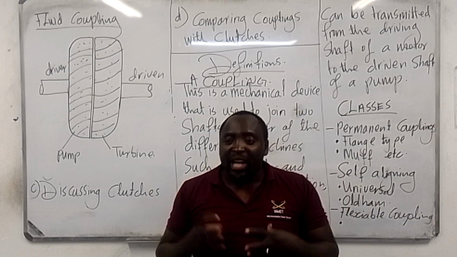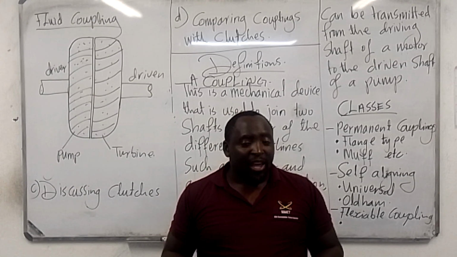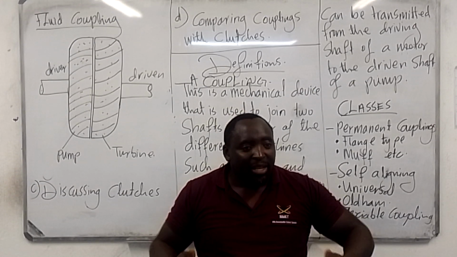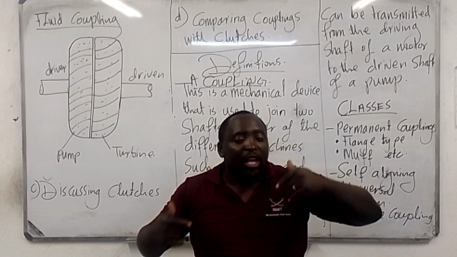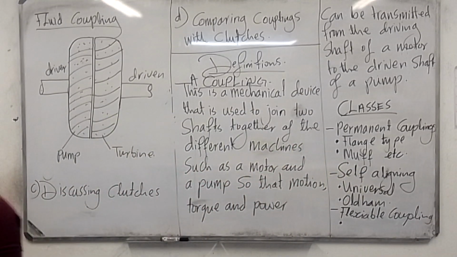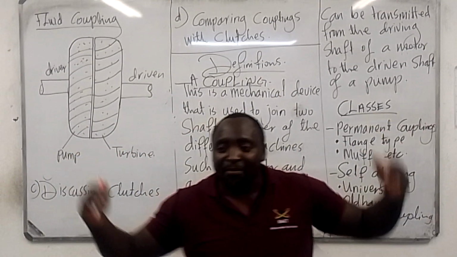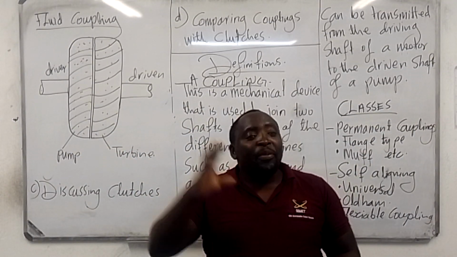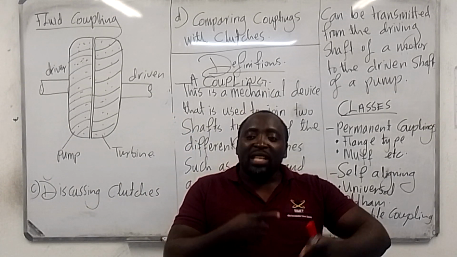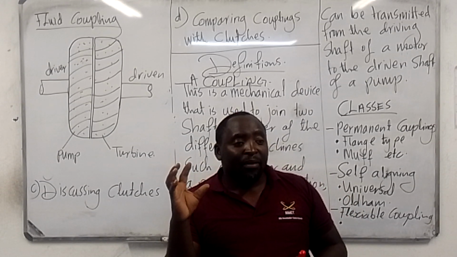Why do we need fluid coupling? Because the machines are heavy duty machines. They need to start slowly. Once they pick up the speed, even when stopping, the big machines don't need to stop suddenly. You stop the motor to stop the pump. The fluid now starts reducing the speed because the pump is stationary.